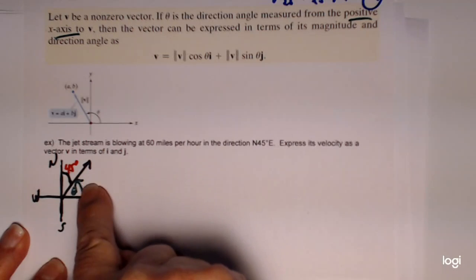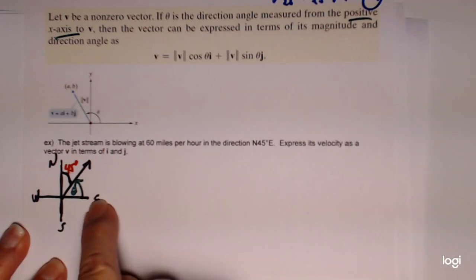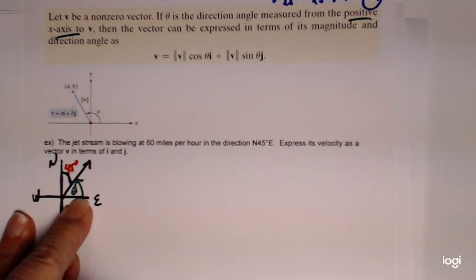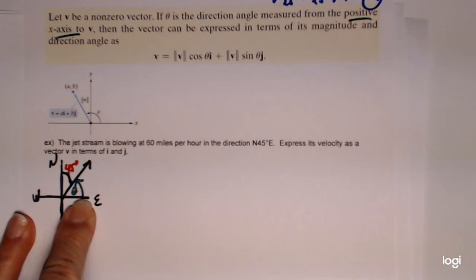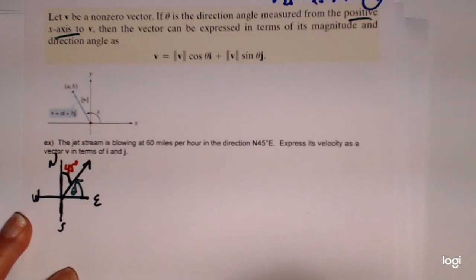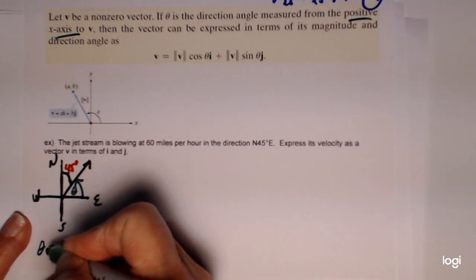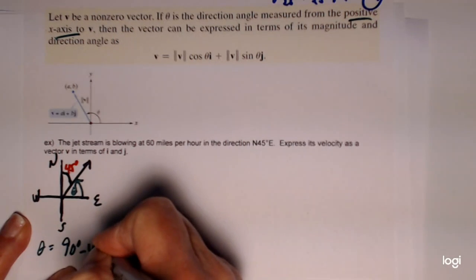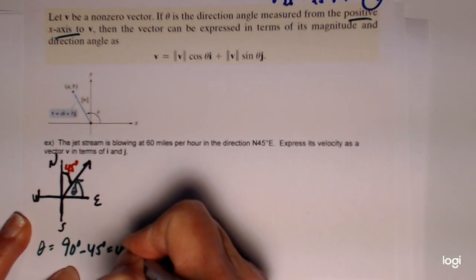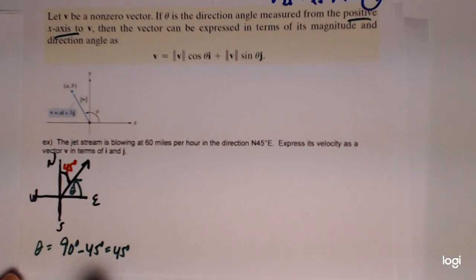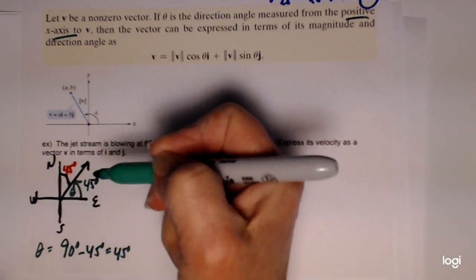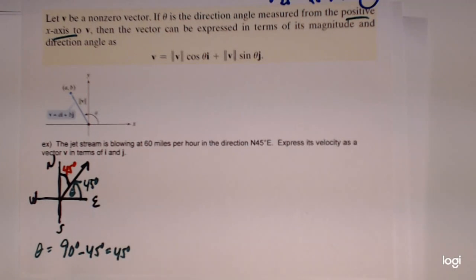So here's our bearing angle, and here's the theta that we're going to use. You could probably see that it's going to be 45 degrees, but in case that isn't clear, theta is 90 degrees minus 45 degrees, which is 45 degrees. So we have the pieces of information that we need.